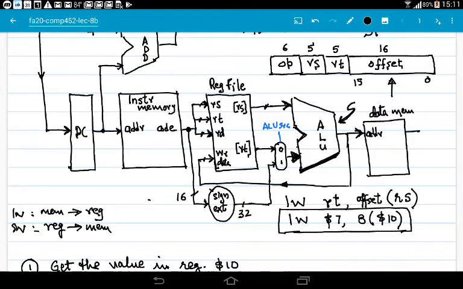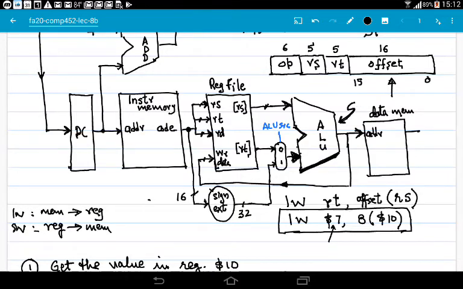Good, very good. Now we want to send the data back to a register, and in this case we want to send it to register 7.